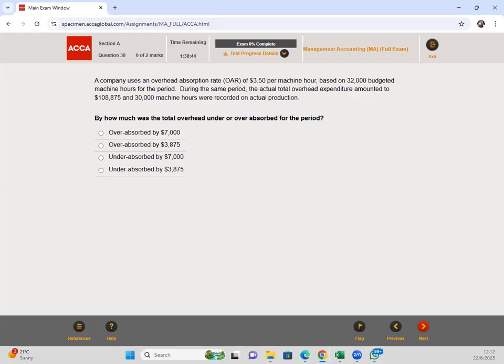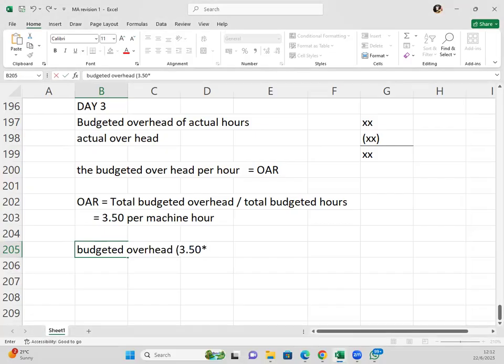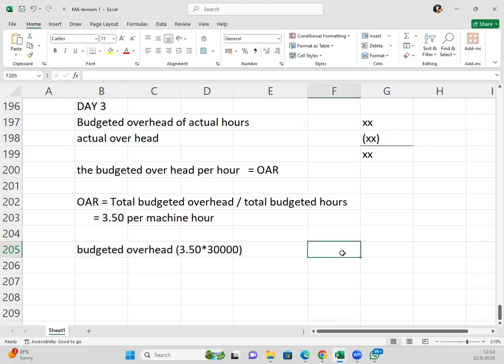hours were recorded. So we want to find our budgeted overhead. We budgeted at $3.50 per hour times the actual hours. So if you were budgeting at $3.50 per hour and the actual hours were 30,000, what would have been your budget for the 30,000 hours?